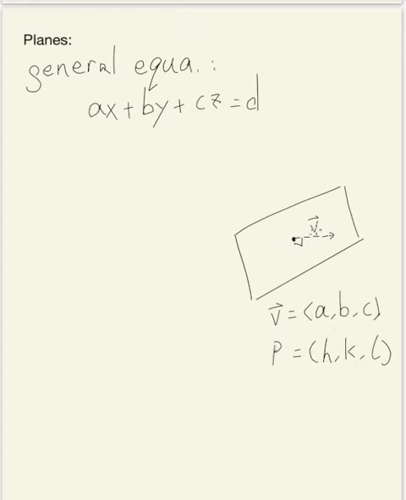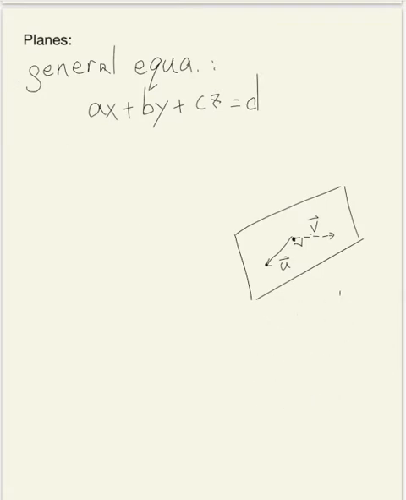Now, suppose we have another point that is an arbitrary point on this plane. Let's just call that (x, y, z). If you connect these, then this vector, let's call that u, is, I know I'm using sharp parentheses and normal parentheses, they mean the same thing.